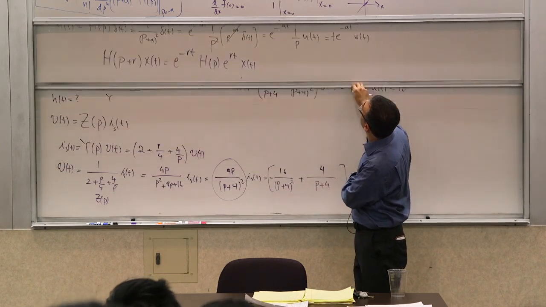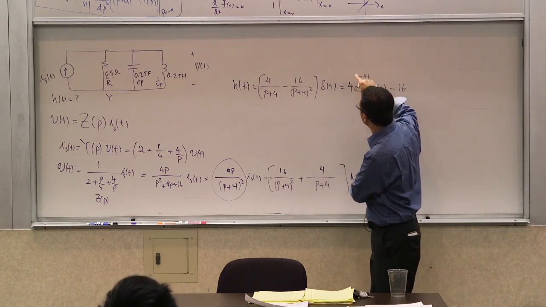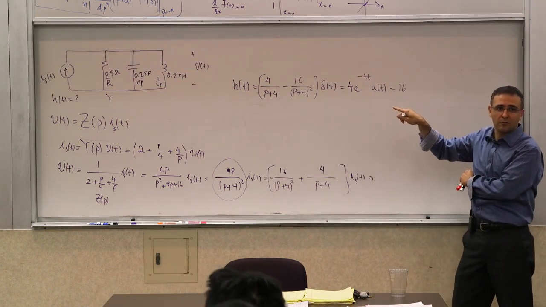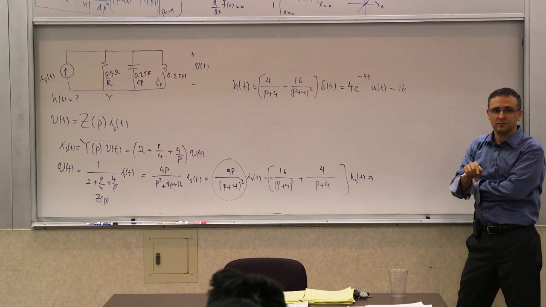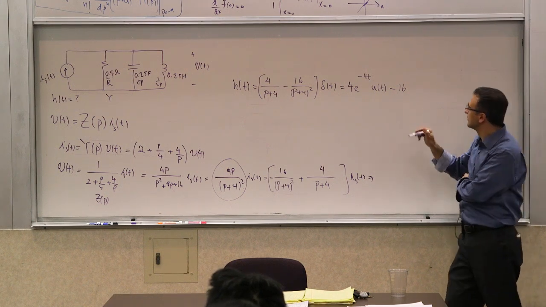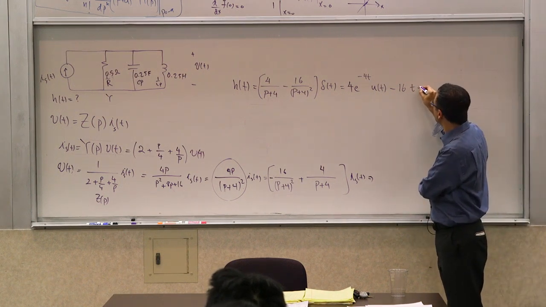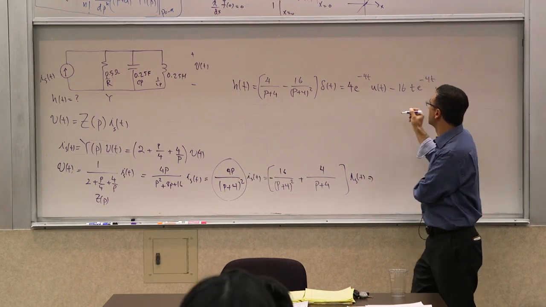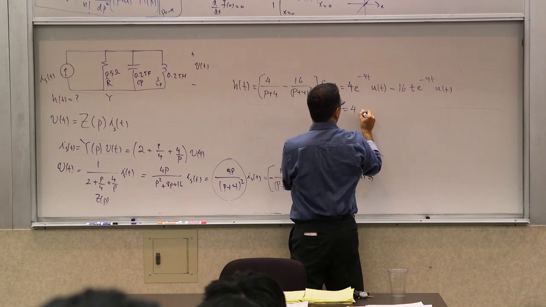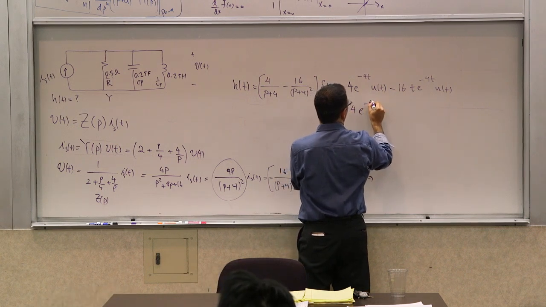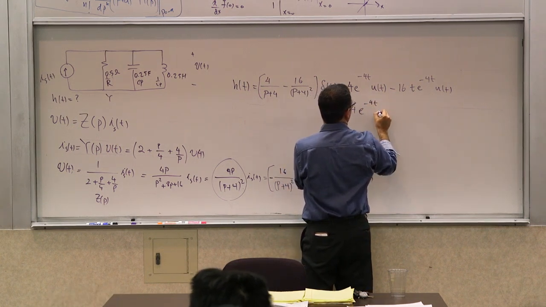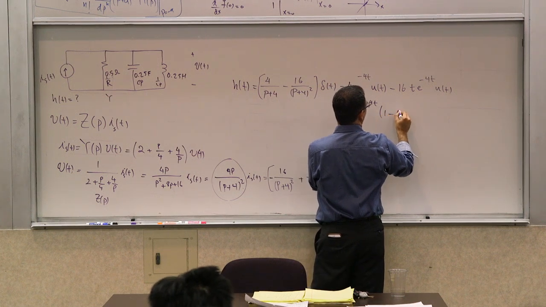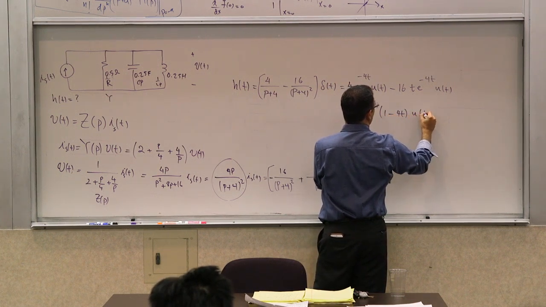So it's 16t e to the negative 4t u of t. Exactly. So you can write it as 4e to the negative 4t times (1 minus 4t) u of t.